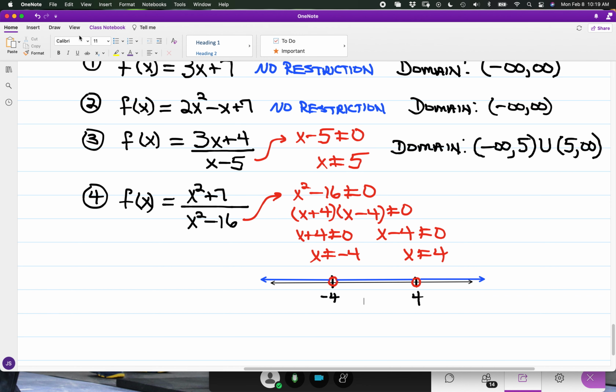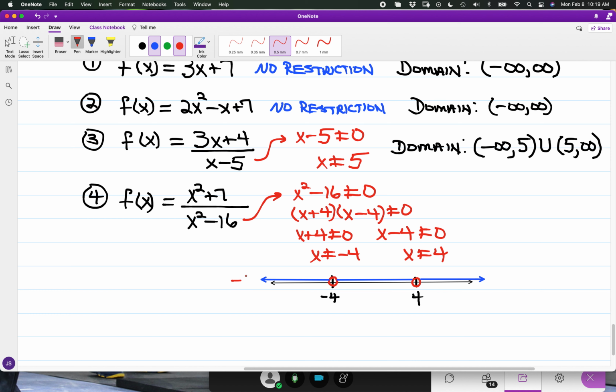And so we have the continuous activity. At the extreme ends, we have the left arrowhead signaling the approach to negative infinity, and the approach to positive infinity.